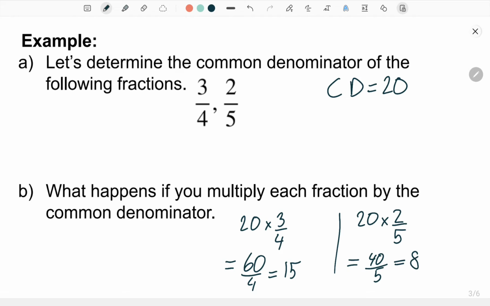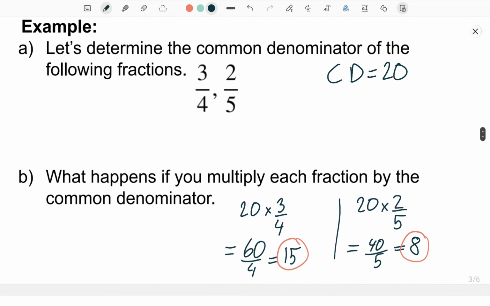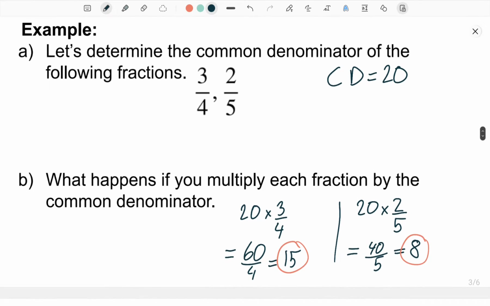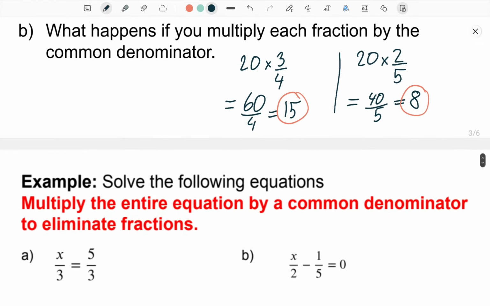And 40 divided by 5 is equal to 8. And so in both cases, by multiplying by the common denominator, we end up with a whole number answer for the multiplication. And that's going to be key as we go on to these equations.